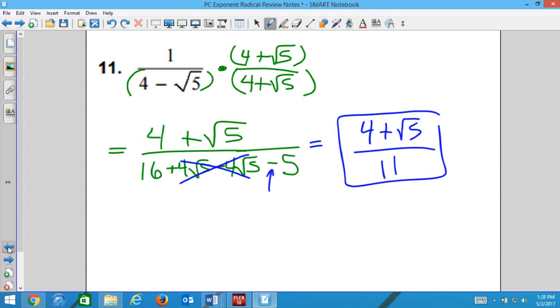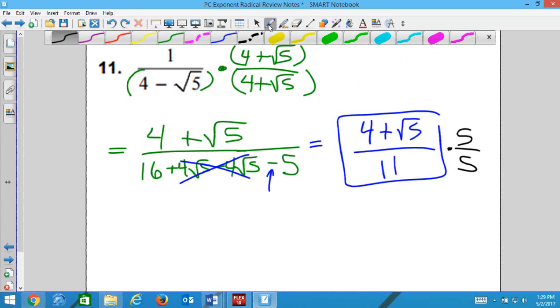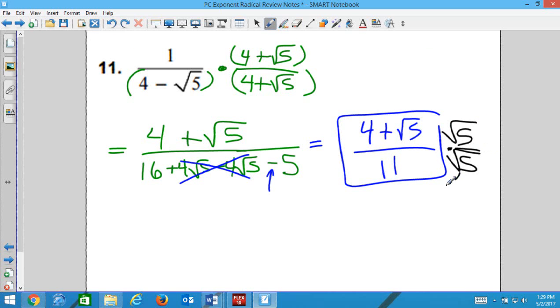So you're talking about multiplying by 5 over 5? Well, that will make 20 plus 5 radical 5 over 55. Were you thinking it would go under the radical? To go under the radical, what would we multiply by? Radical 5. But if I multiply by radical 5, what happens to the denominator? Right. So that's as simple as it'll go for that one.